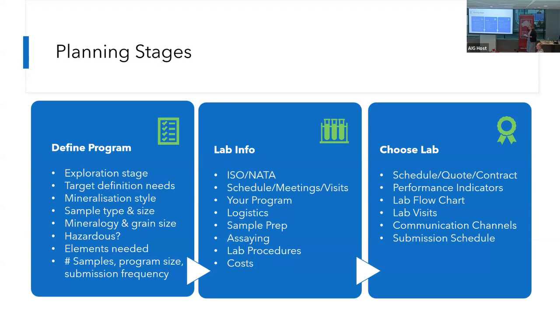Are there any hazardous materials? What assay elements do you want and how will you use them? Number of samples, size of program, frequency of submission. These all obviously impact on sample prep, assaying and QC planning. What is your data quality objective?